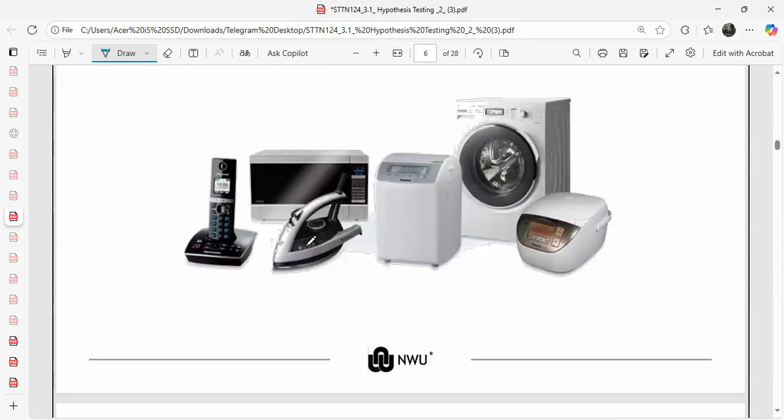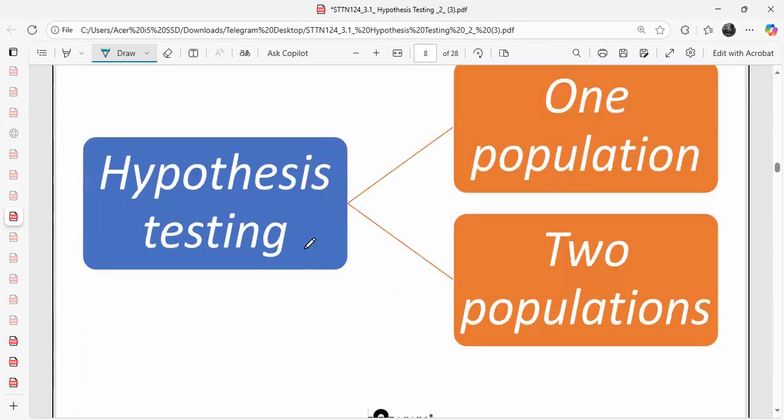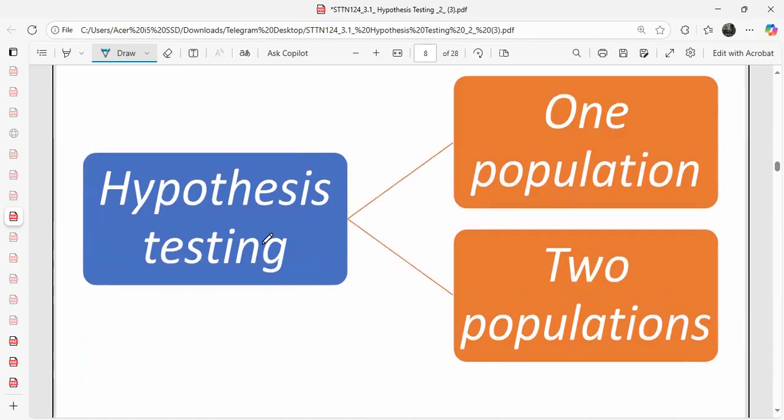I'm just going to go straight to the steps. Under hypothesis testing, we have hypothesis testing for one population, and hypothesis testing for two populations.